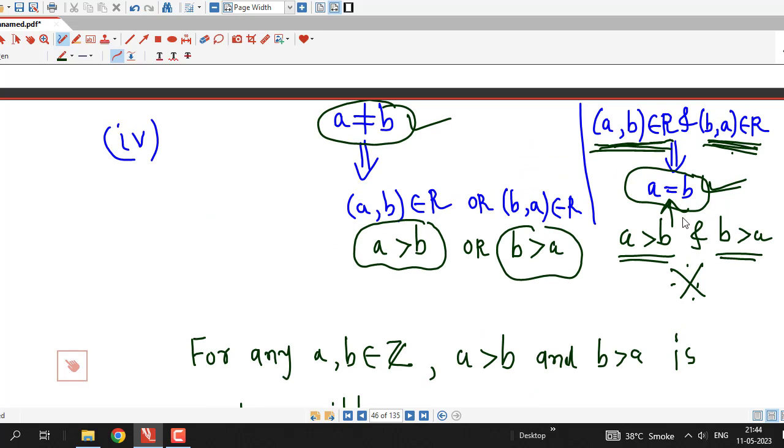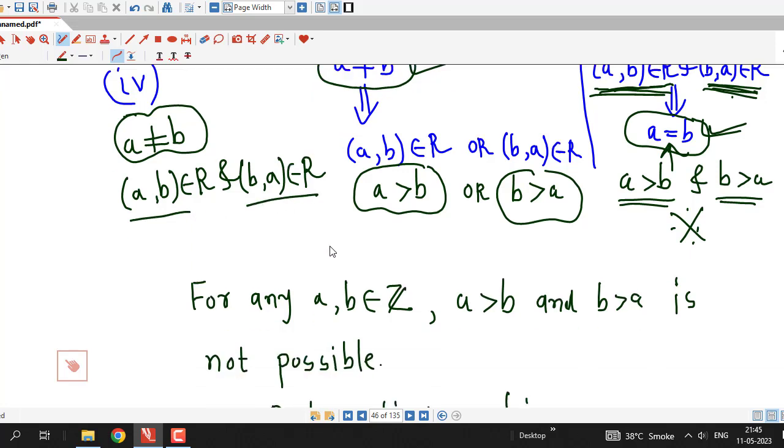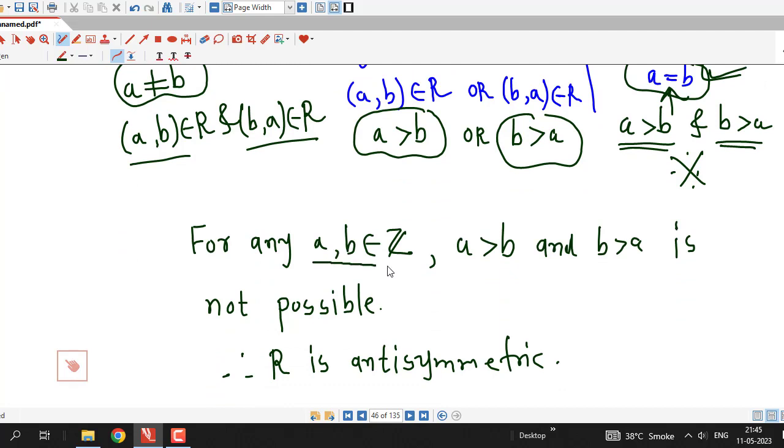If we want to prove that our relation is not antisymmetric, then we have to find two different elements in the given set such that (a, b) belongs to R and (b, a) belongs to R. Our relation is not antisymmetric if we can find two distinct elements such that (a, b) belongs to R and (b, a) belongs to R. But that is not possible here for any two different elements in the given set.